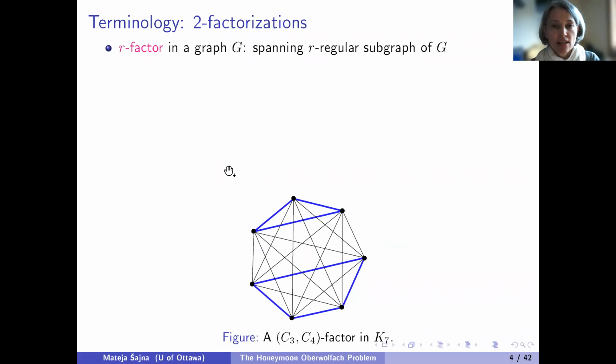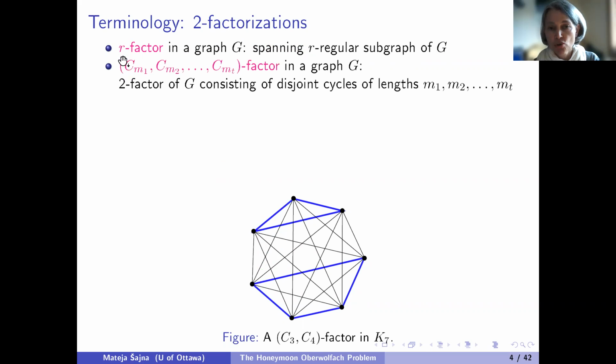Most of my cycle decompositions will actually be resolvable. So let me talk about 2 factorizations. As everybody knows, an R factor is a spanning R regular subgraph, and so a 2 factor is a disjoint union of cycles. And often I'll want to specify the type of this 2 factor. So I'll call this a CM1, CM2 through CMT factor when we have a disjoint union of cycles of these given lengths.